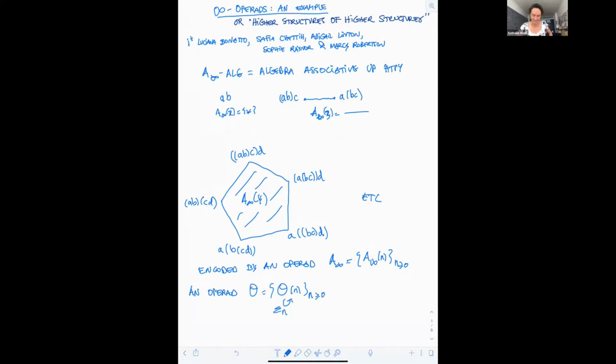I didn't do this for my A infinity operad here. If I did it as a symmetric operad, I should add copies for every permutation of the letters, and then these come with composition laws.